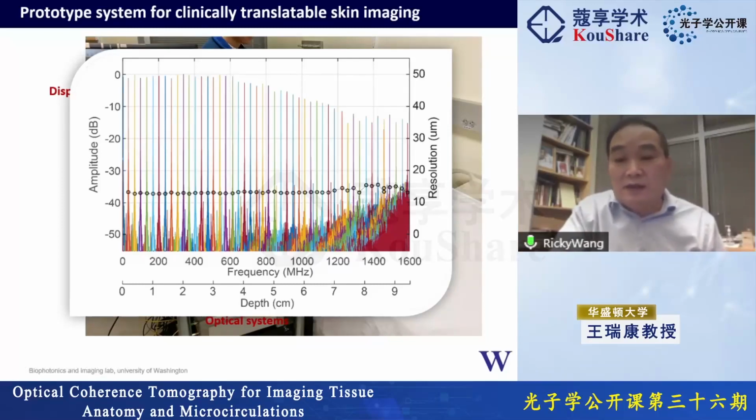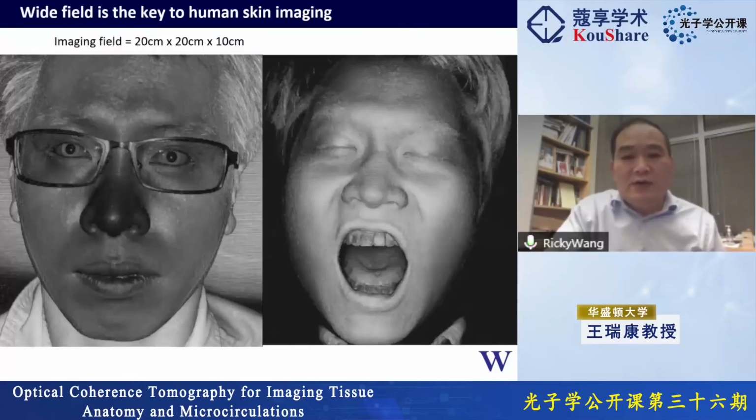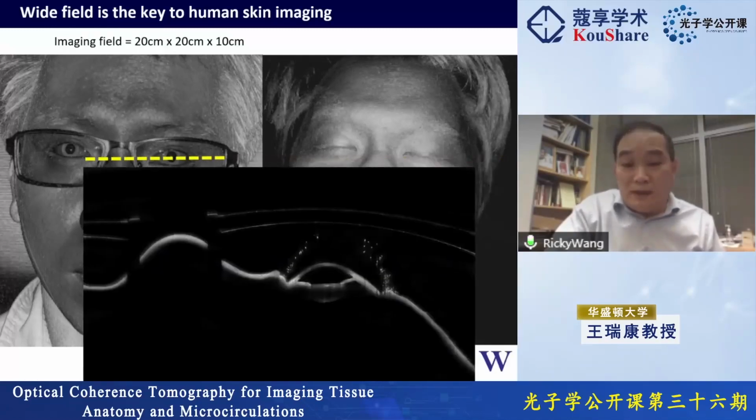And using this 10 centimeters ranging distance, you can look at the whole head scan. So this is an example using that system to scan the whole face. Because OCT does 3D scans, you can look at the depth information.